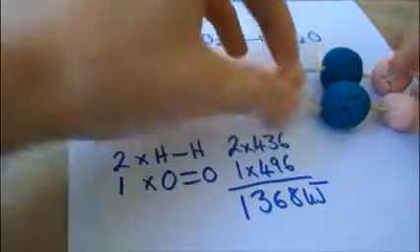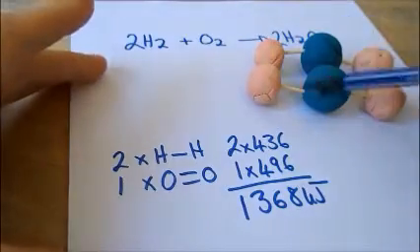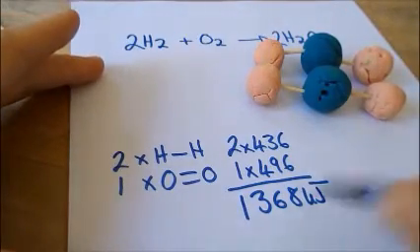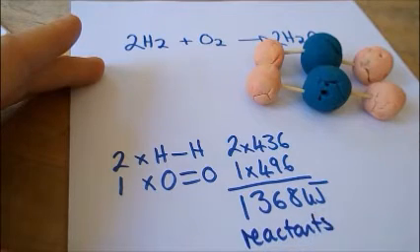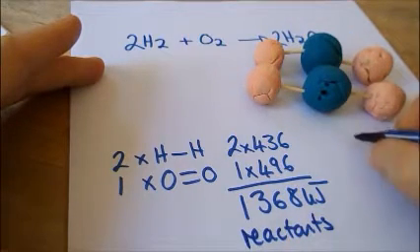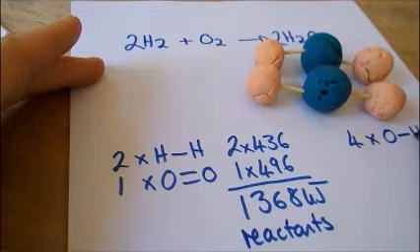Okay, so we've formed bonds here, and we have formed 4 OH bonds. So this value over here was our reactants. Always a good idea to have a bit of annotation. And over here, we've now got 4 OH bonds.